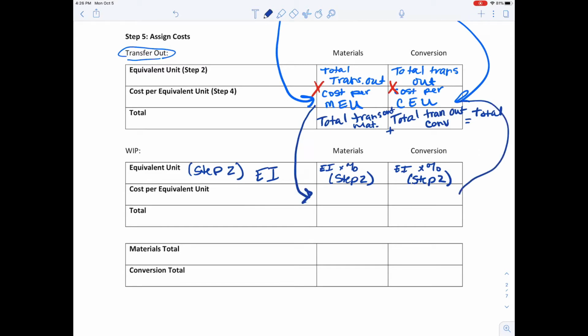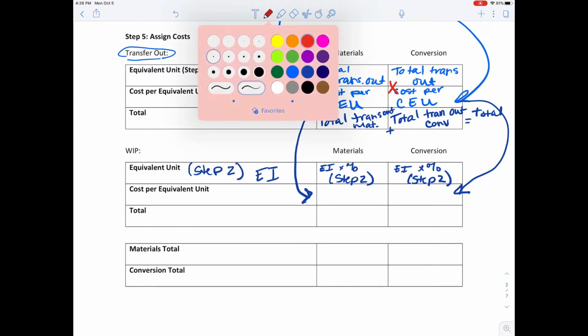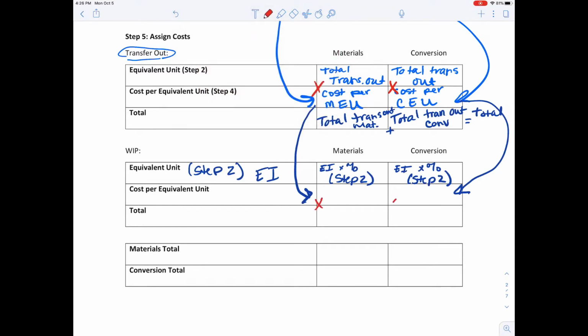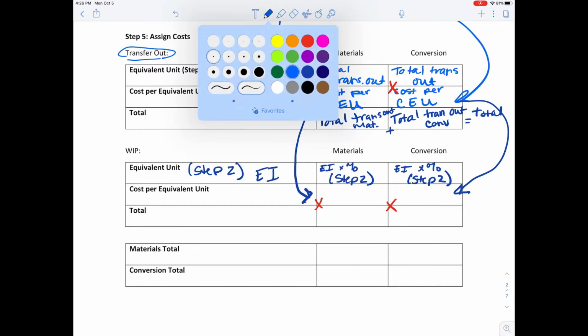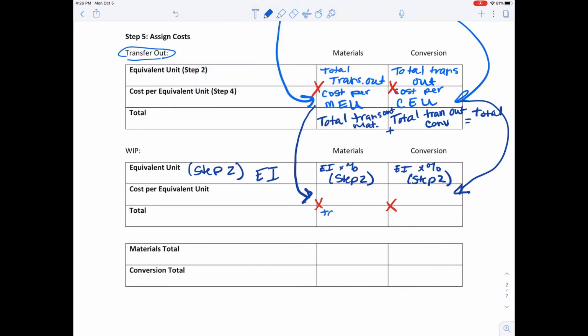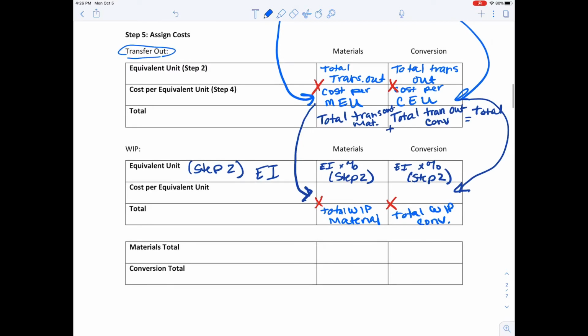We're then again going to take that cost per equivalent unit. Those don't change. We're going to multiply, and then we're going to get our total. This is our total work in process amount for materials, our total work in process amount for conversion.